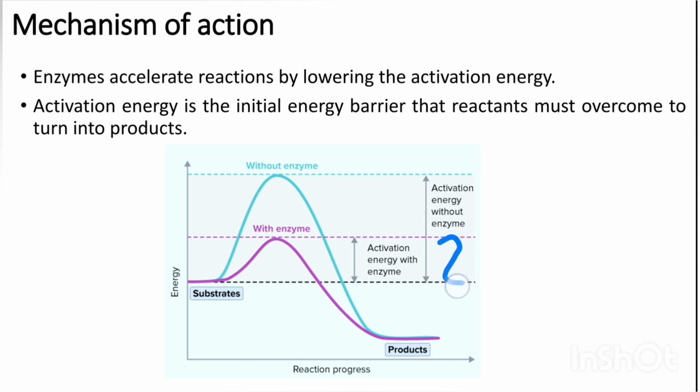In the presence of enzyme, the activation energy required is less, but without enzyme the activation energy required is more. In this way enzyme works by lowering the activation energy.